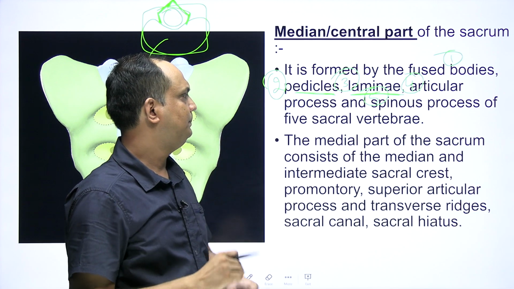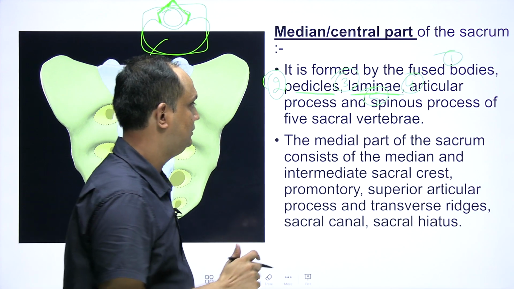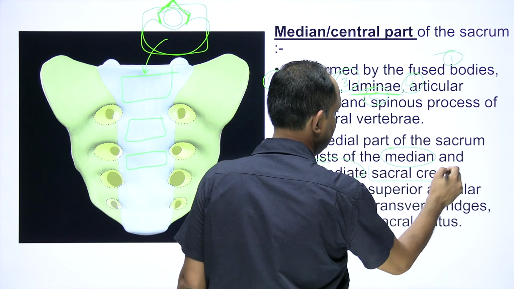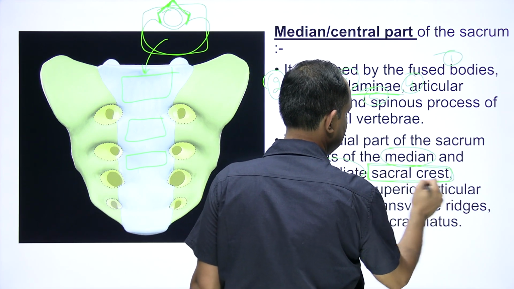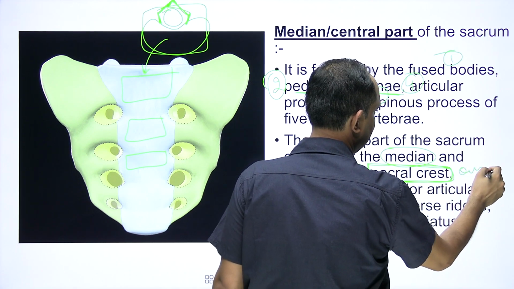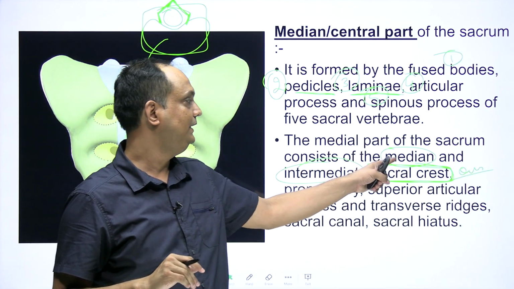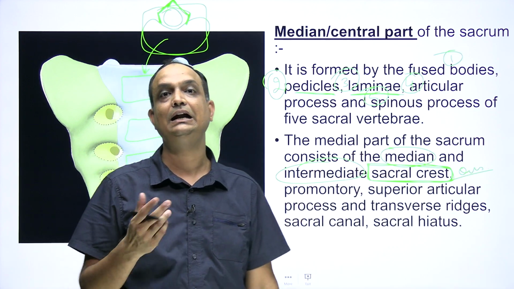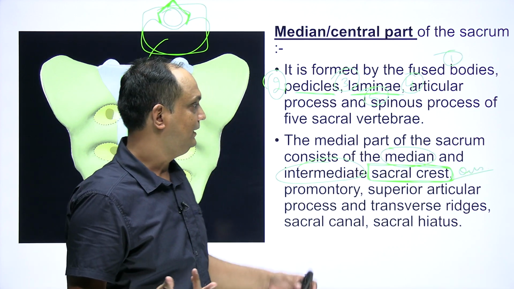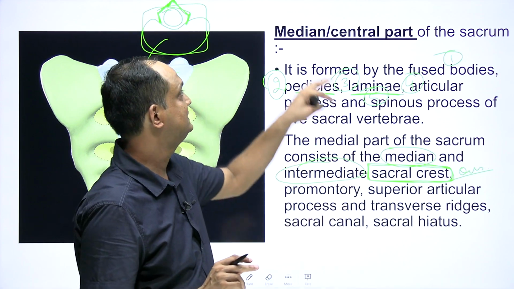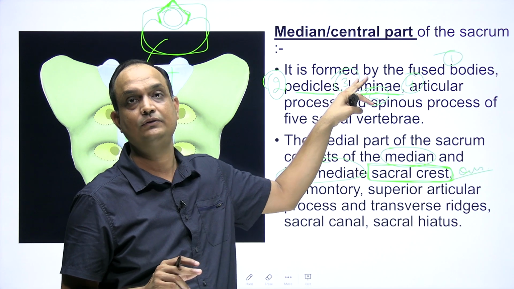The medial part of the sacrum consists of the median and intermediate sacral crest. So my dear students, this is again a question of your exam. We will see that there are 3 types of crest: median, intermediate and lateral sacral crest. But the median and intermediate sacral crests are part of the central portion of the median surface.